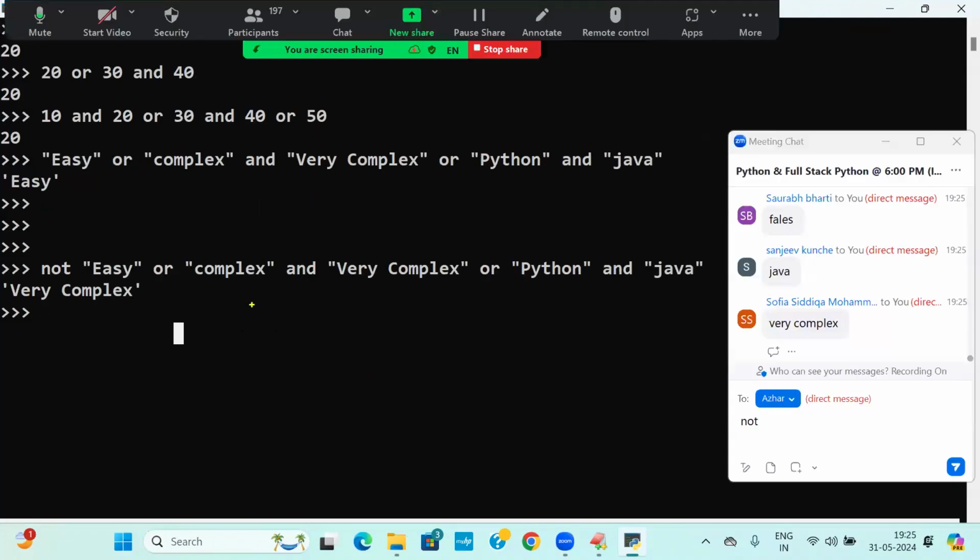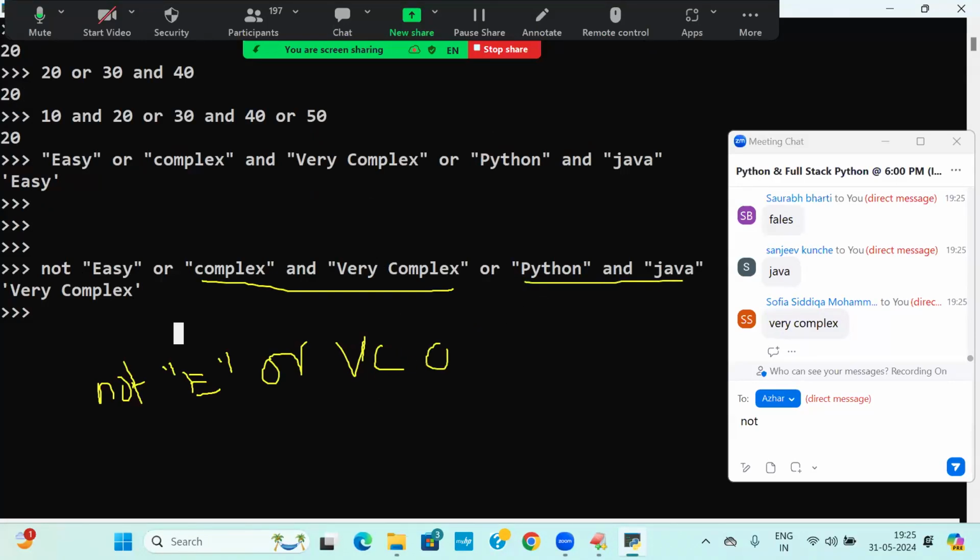First, you evaluate. What is the answer? Very complex. Connect NOT. What is this now? Easy. Easy, right or not? Easy. Or next what? Or this is called what here? Java. Okay, Java. Okay.